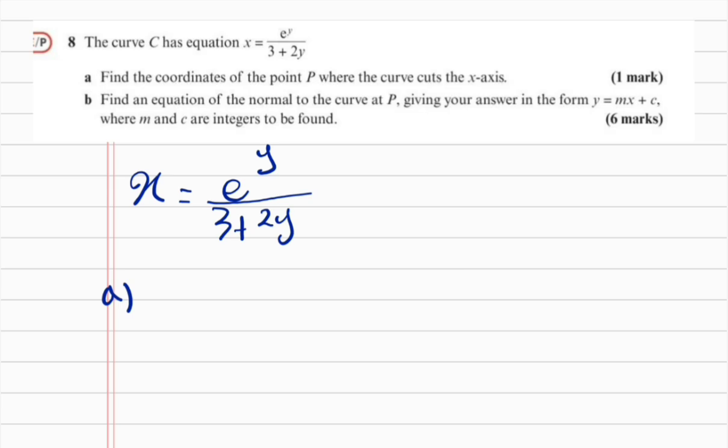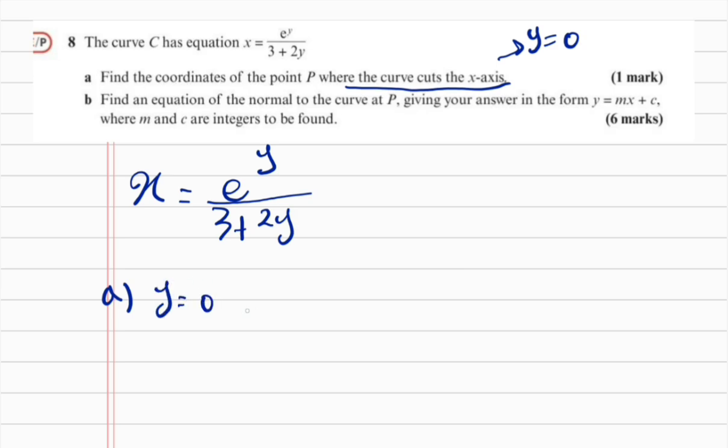We want to find the coordinates of the point P where the curve cuts the x-axis. Basically, when the curve cuts the x-axis, y is equal to 0. It's just a fact. We already know the y coordinate of P, we just need to find the x coordinate. So we substitute y is equal to 0.